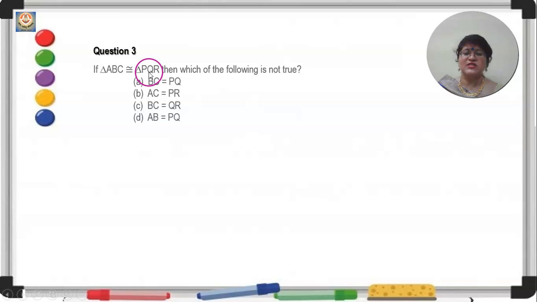If triangle ABC is congruent to triangle PQR, then which of the following is not true? All you have to do is look at the one-to-one correspondence and you will get the answer. Now you know that if the two triangles are congruent, the corresponding sides and the corresponding angles will be congruent. So look for the proper correspondence in this.